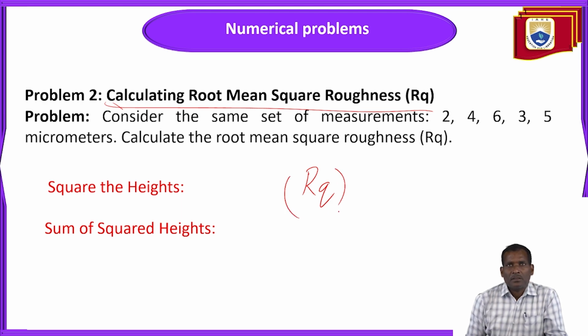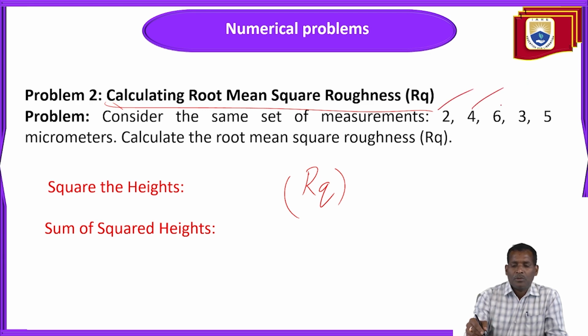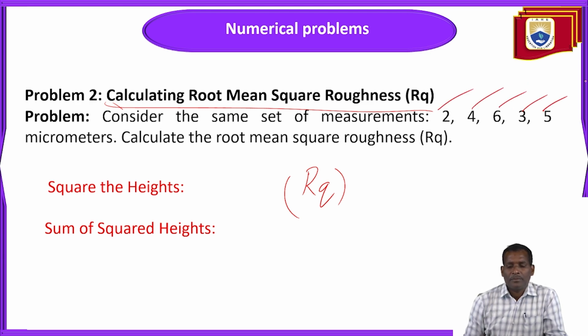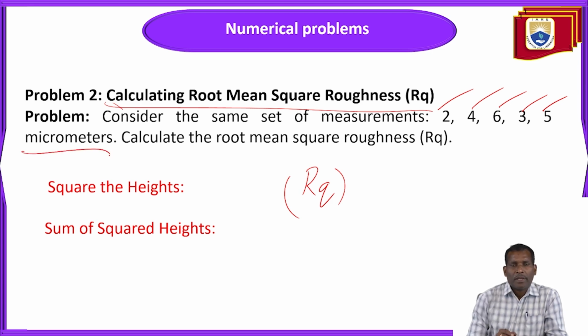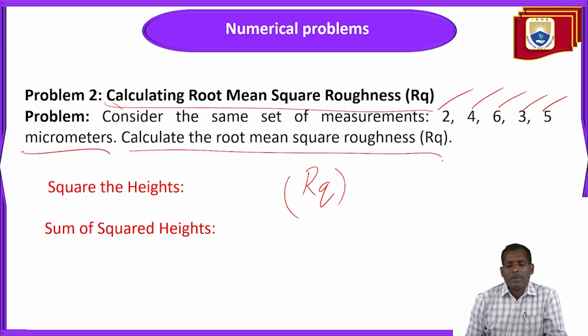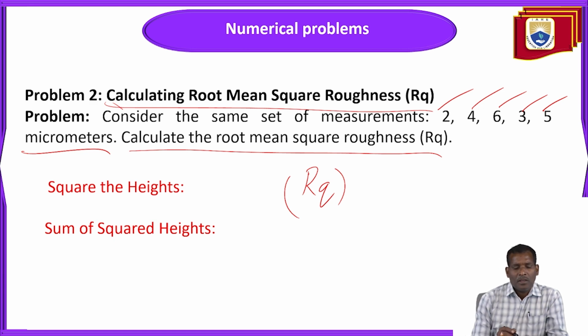Consider the same set of measurements, 2, 4, 6, 3, 5 micrometers. So calculate the root mean square roughness. First square the heights. Same as the previous problem.